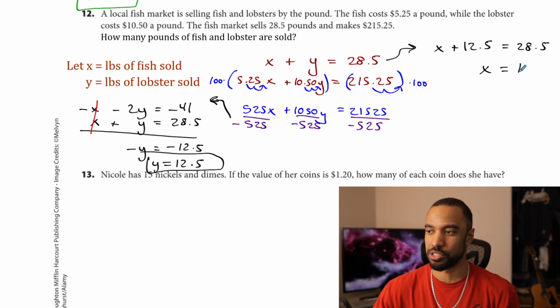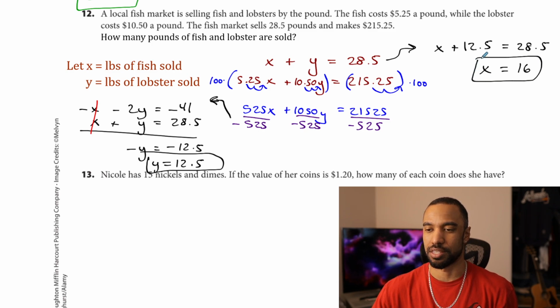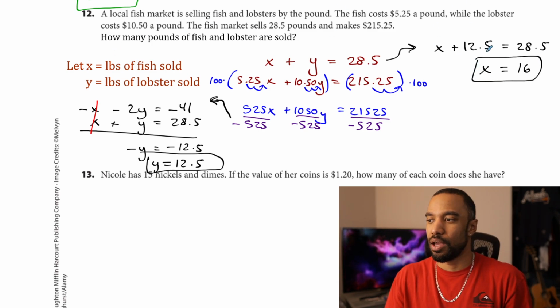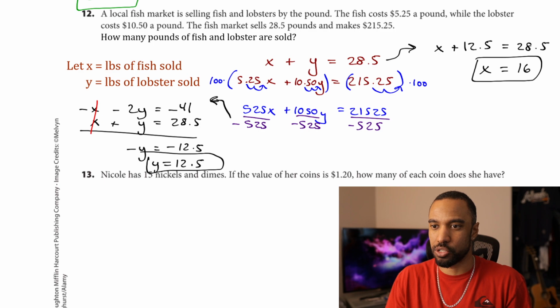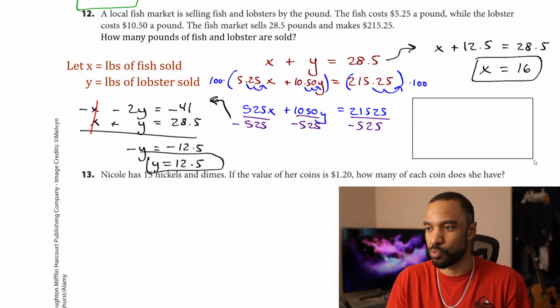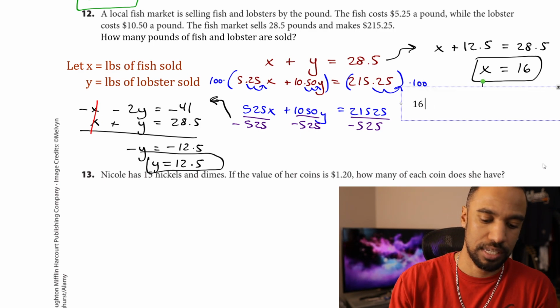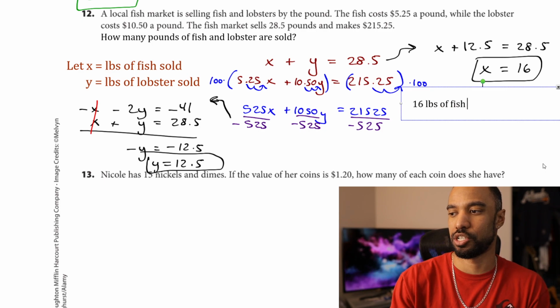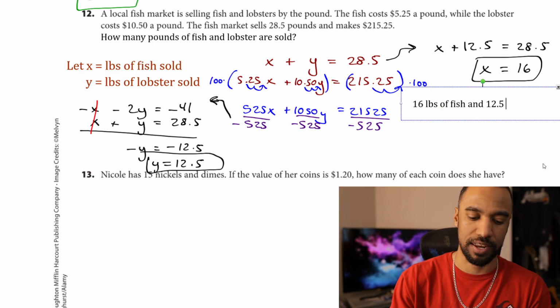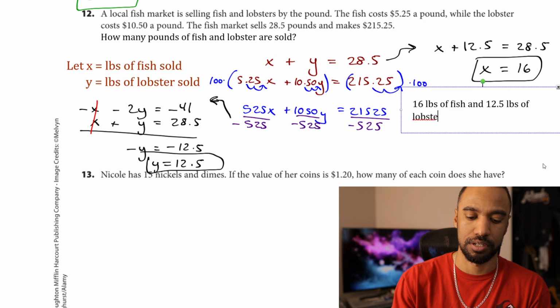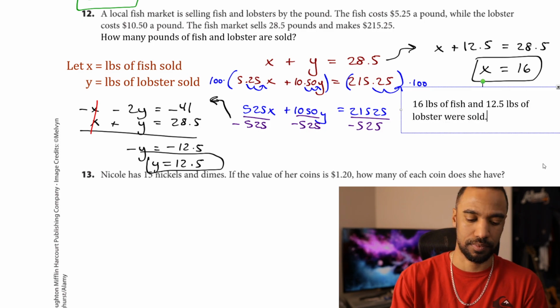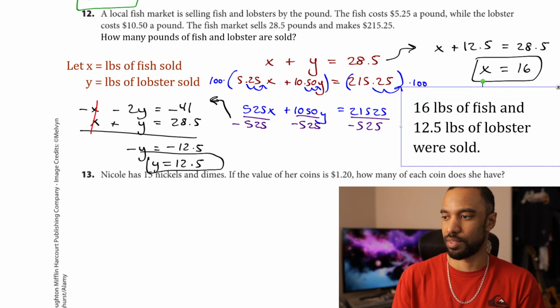X is going to equal 16 in the process there. So what does X represent? Pounds of fish sold. So 16 pounds of fish and 12.5 pounds of lobster were sold. All right, there's the result.